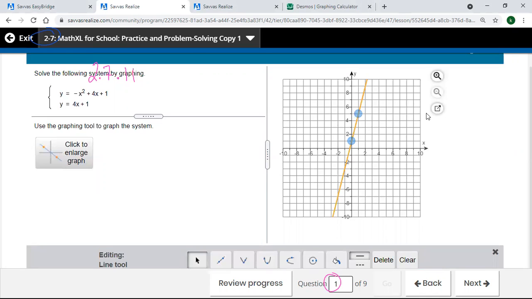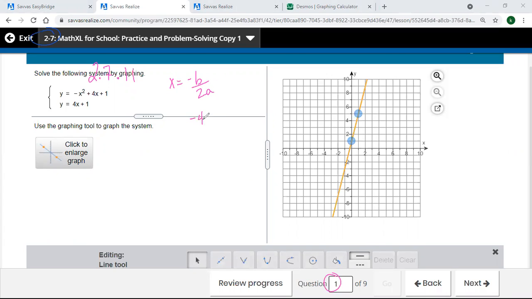The second equation, we've got that parabola there, and we need to know some points on it. The strategy I might use is x equals negative b over 2a for the vertex.